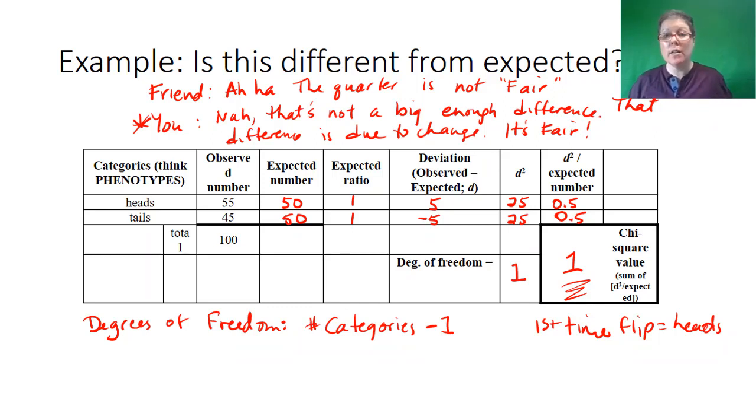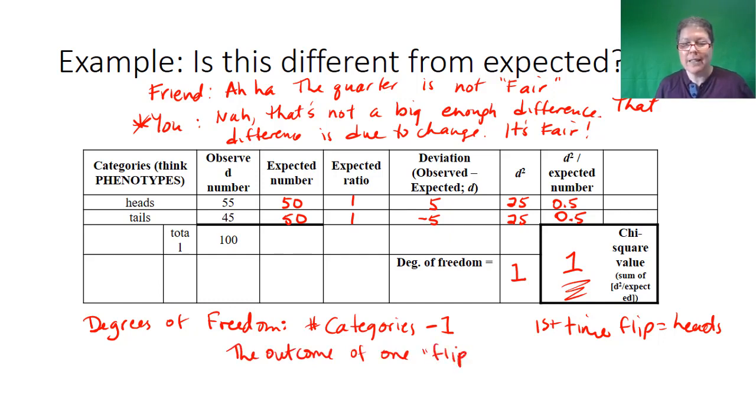No, it's a new event. So every time you pick up that quarter to flip it, there's a 50% chance that you're going to have heads and a 50% chance you're going to have tails. So the outcome of one flip does not affect the outcome of another.